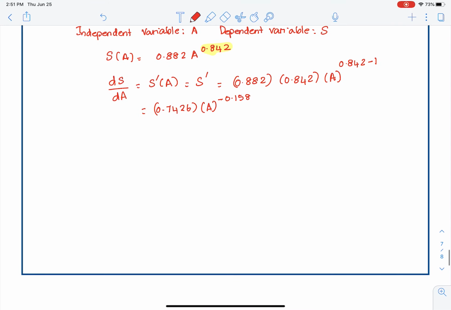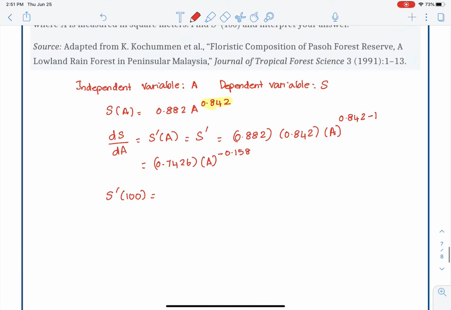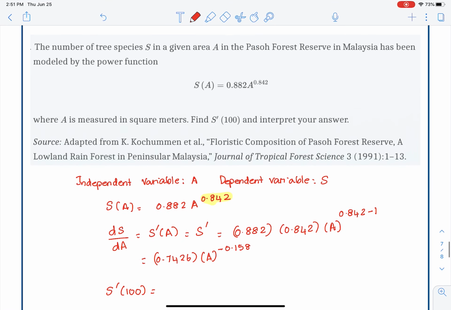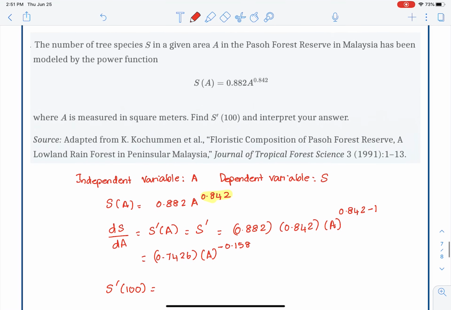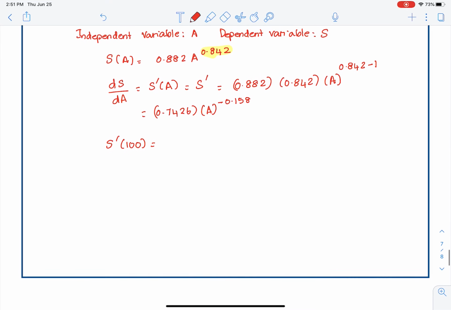Now we want to find S prime of 100. So 0.7426 times 100 raised to the negative 0.158.